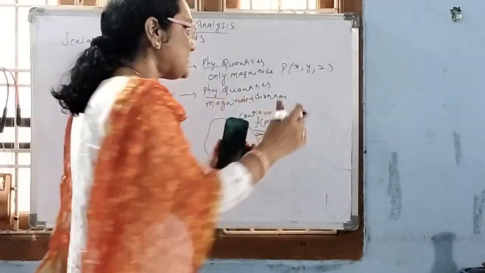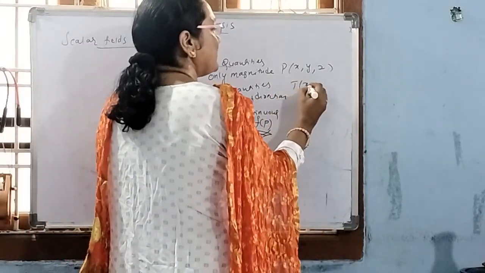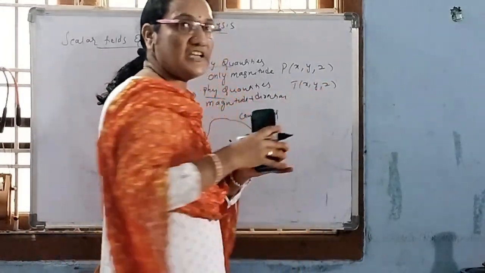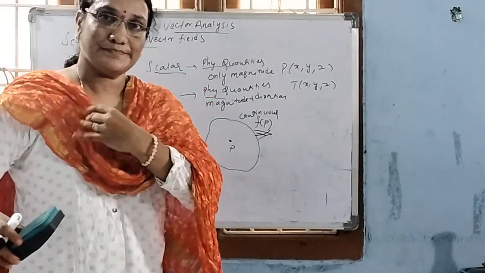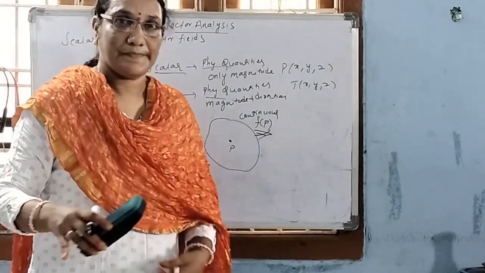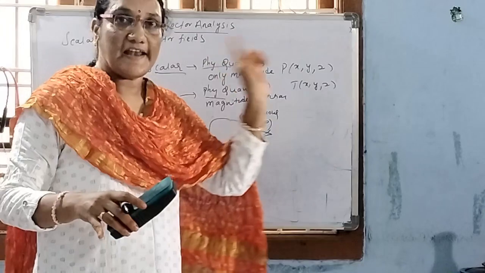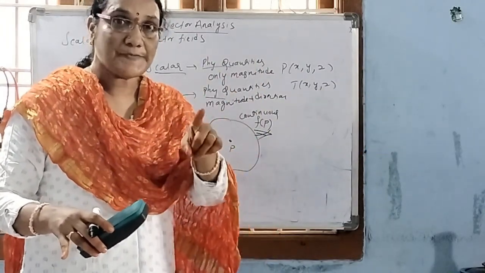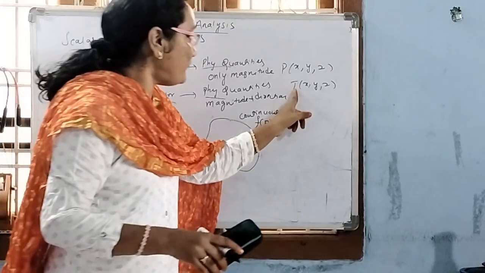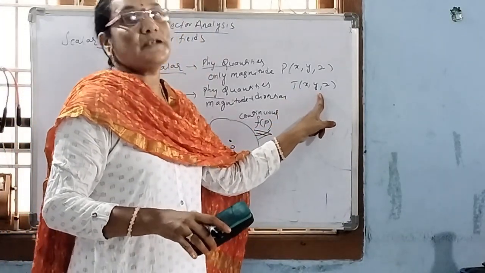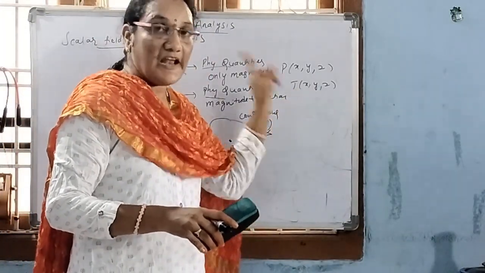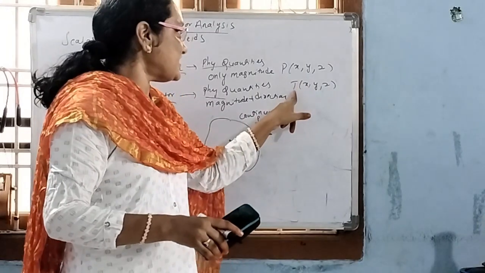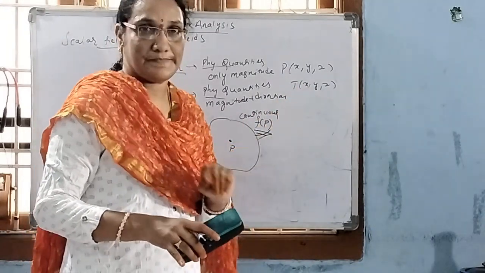We will express it as a function of the particular positions along the length of the rod, such as T(x, y, z).